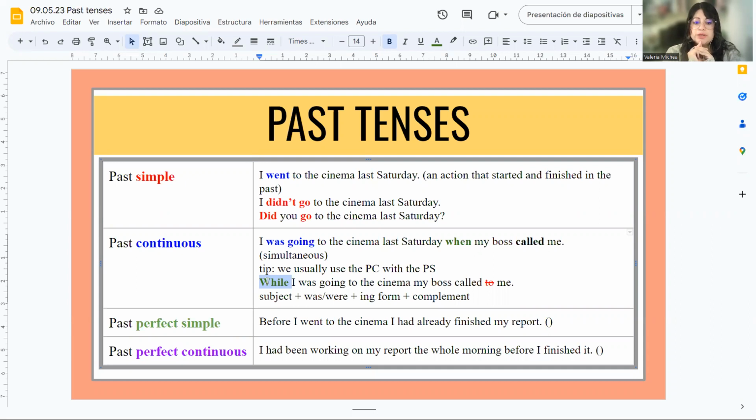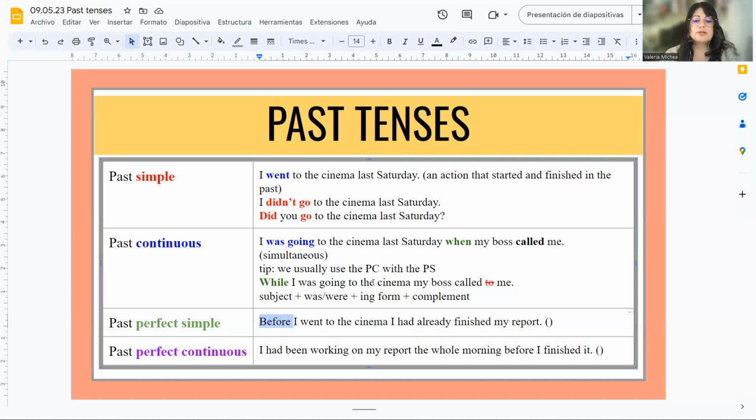Then we have the past perfect simple, and we have the connector before. We usually use the connector before when referring to the past perfect simple or the past perfect continuous, because as I said earlier, the past perfect simple refers to an action that happened before another action in the past. All right, so that's why we need the connector before.